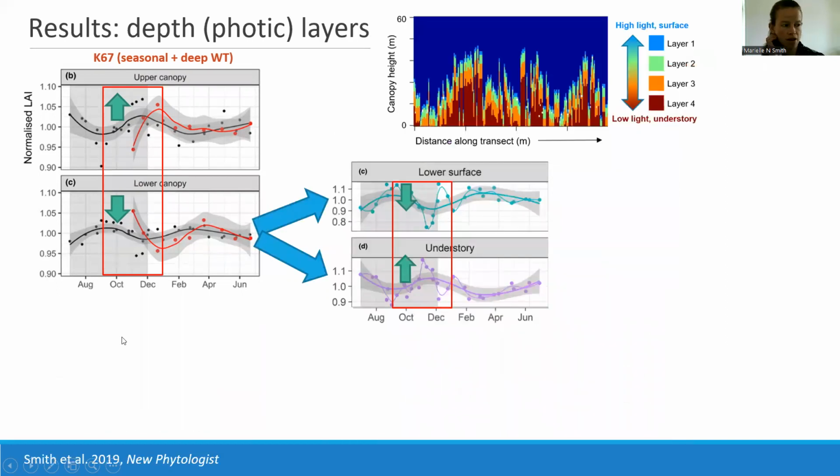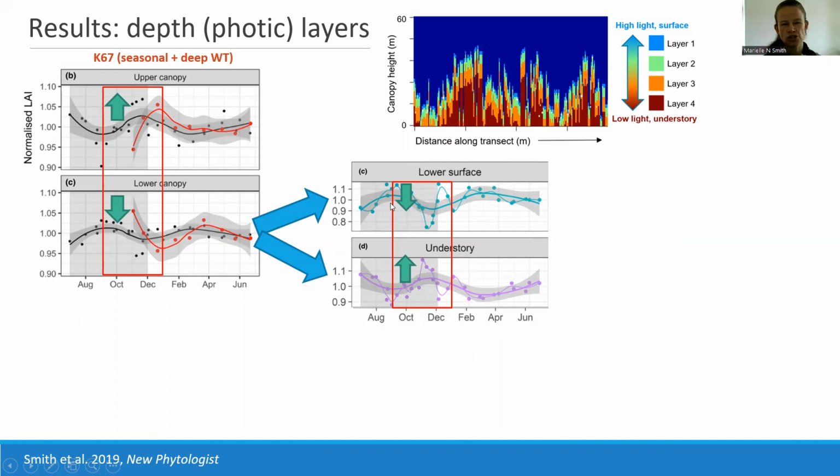So the next thing we did in our 2019 paper was to separate the lower canopy into the photic layers that I explained to you before. Both of these layers here are for the lower canopy.